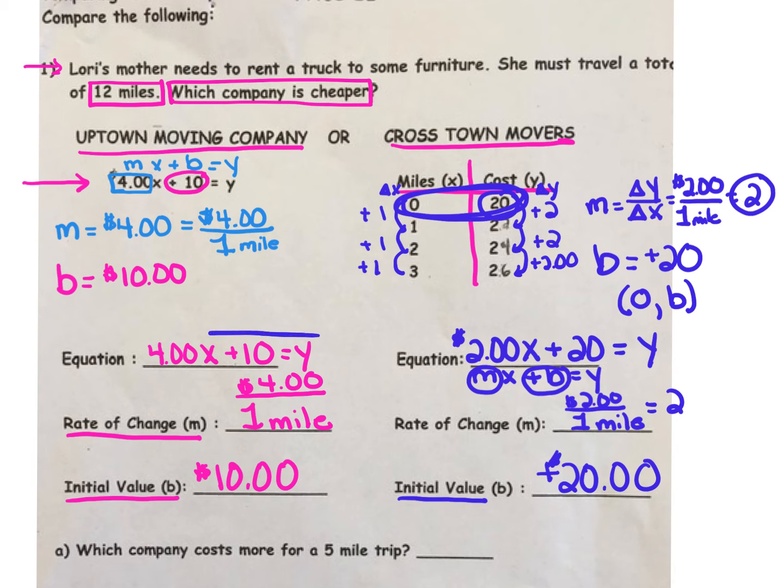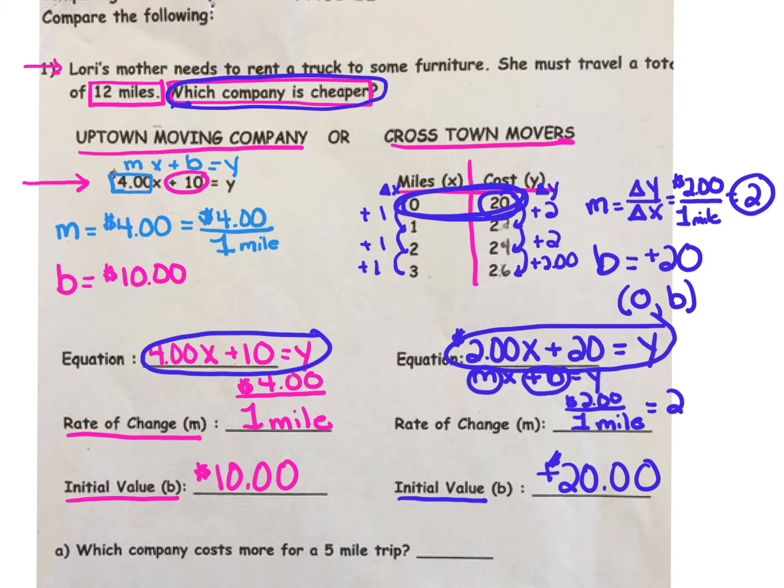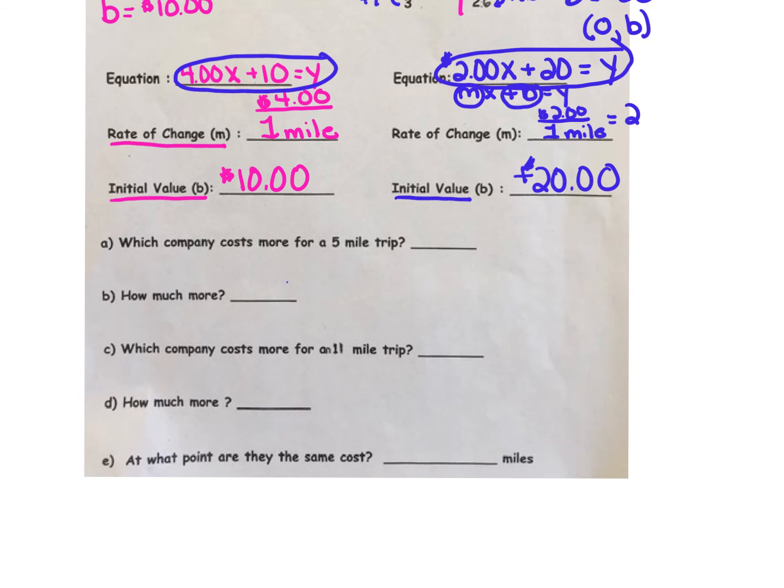Now that we have an equation for the Uptown Moving Company and we have an equation for the Crosstown Movers, we can compare. We still haven't answered the question, which company is cheaper for a 12-mile rental, but we will. Let's take a look at the questions below.